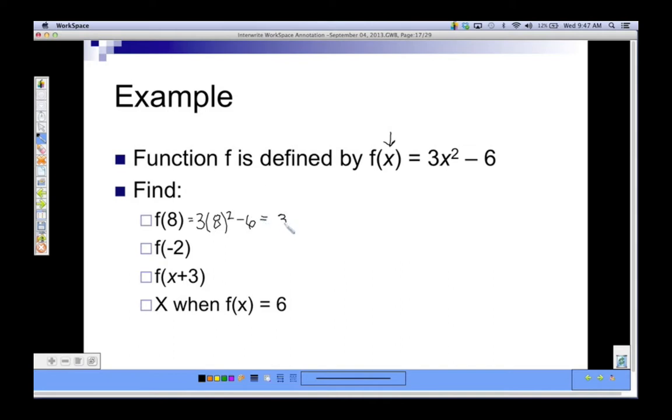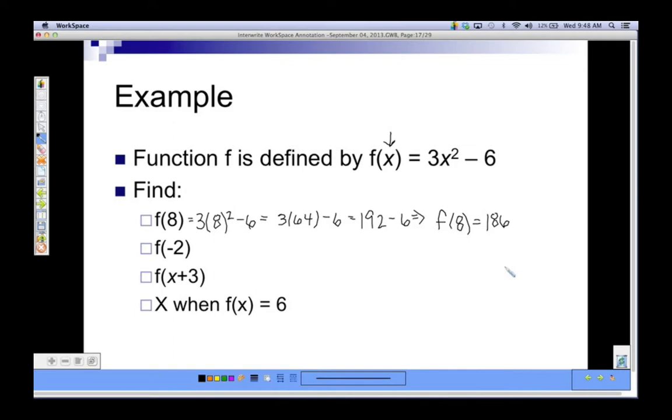So we have 3 times 64 minus 6. Well, 3 times 64 would give us 192. I did that in my head, you might want to check my math. Then minus 6. So, in the end, we're going to write this as f of 8 is equal to 192 minus 6, which gives us 186. So, we're evaluating.